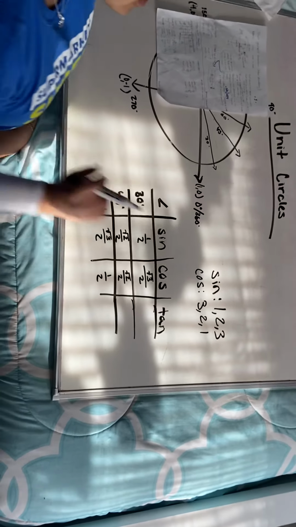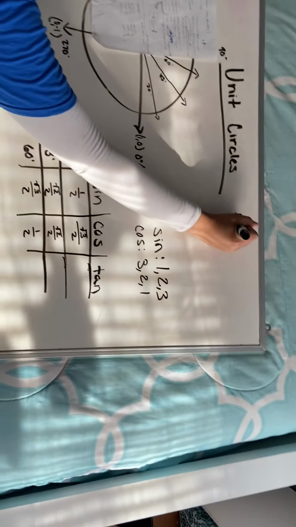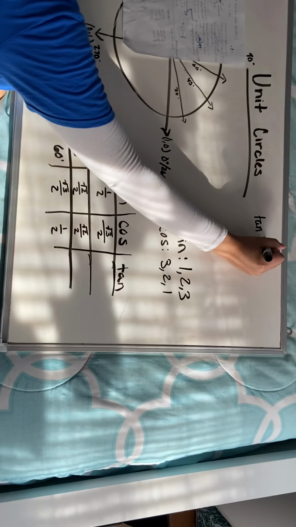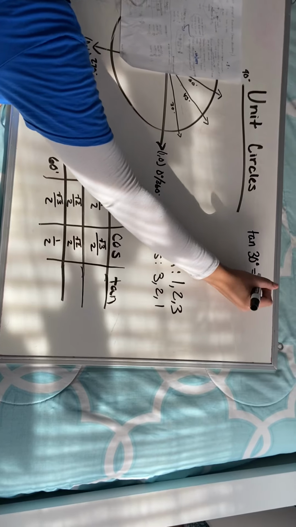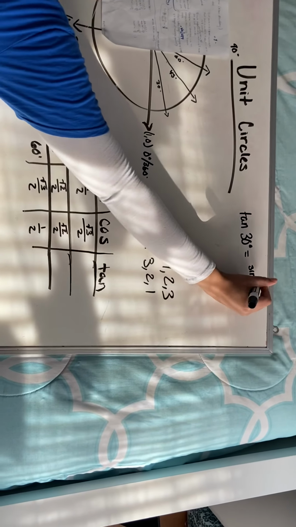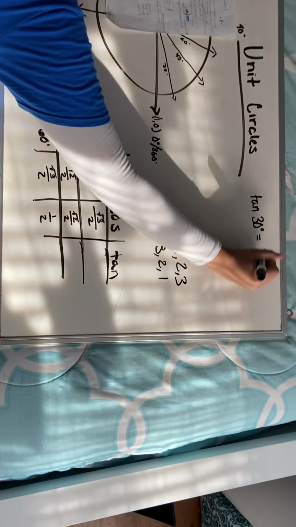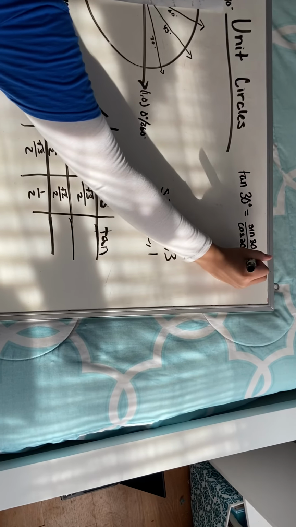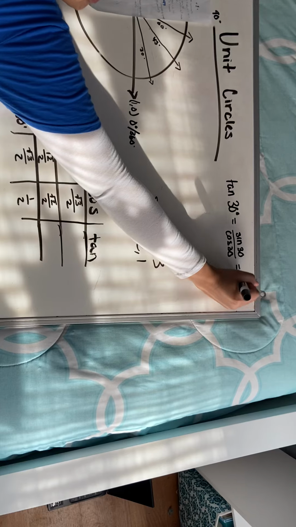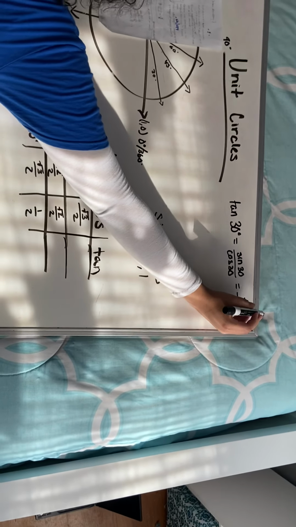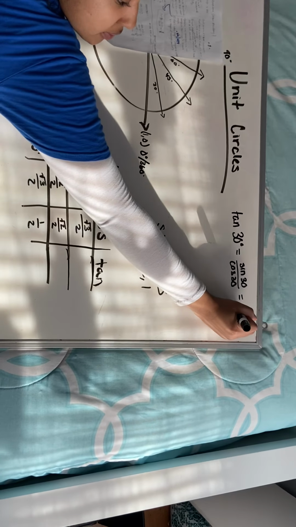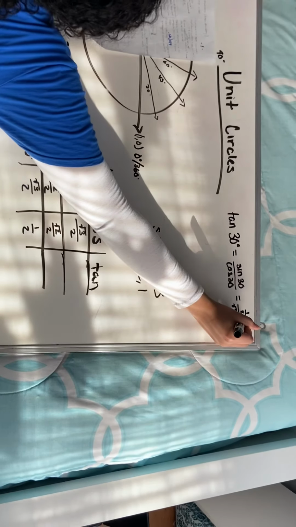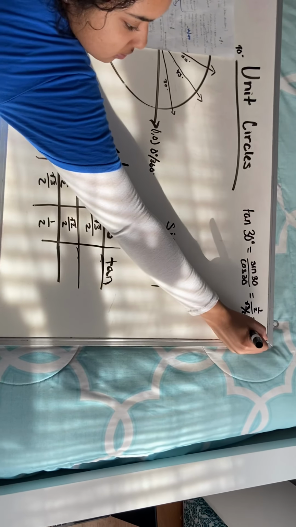Figuring out the tangents, we have to do tan of 30 degrees equals sine 30 over cosine 30, which in this case is 1 over 2 divided by square root of 3 over 2, which equals 1 over square root of 3.